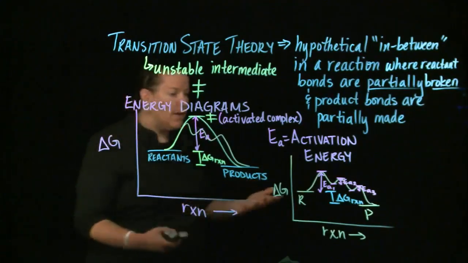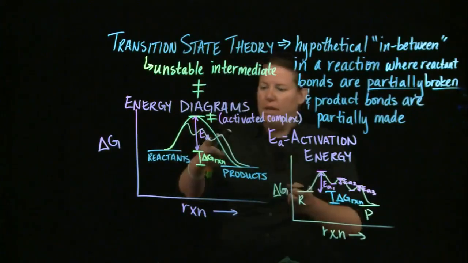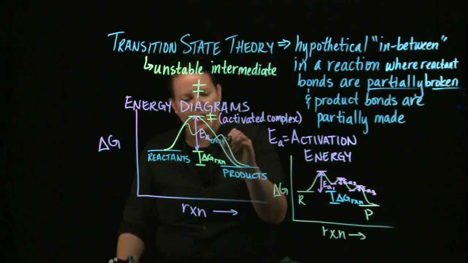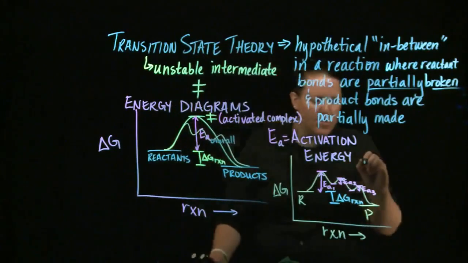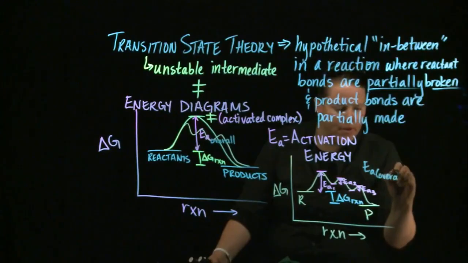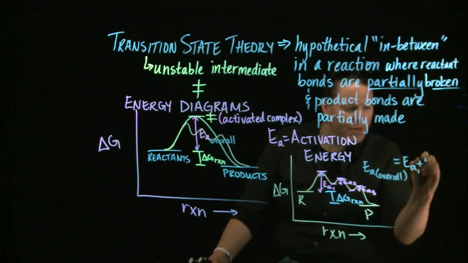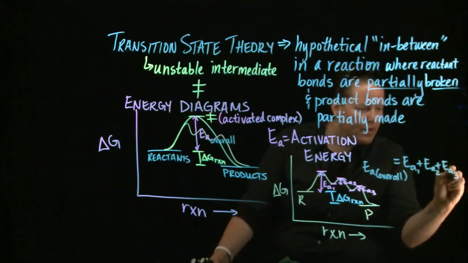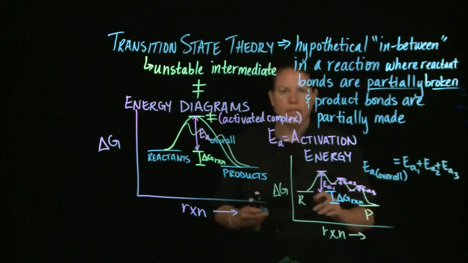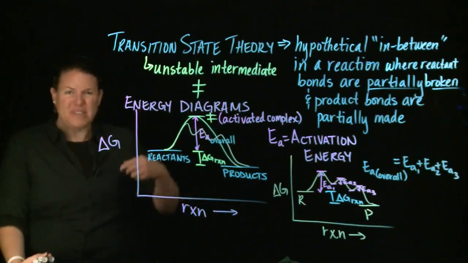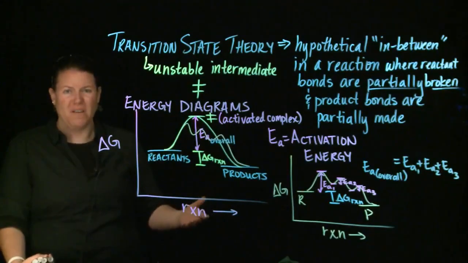Okay, so if I call this the activation energy of the overall reaction, then usually the activation energy of the overall reaction is going to be equal to the activation energy of 1 plus the activation energy of 2 plus the activation energy of 3. It's not that it really decreases. It might lower it slightly, but not overall, really.